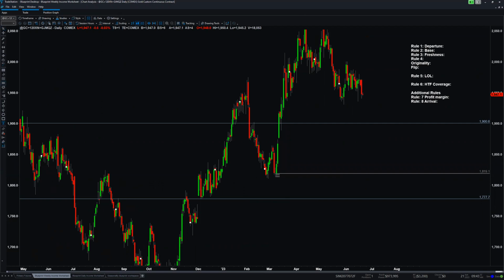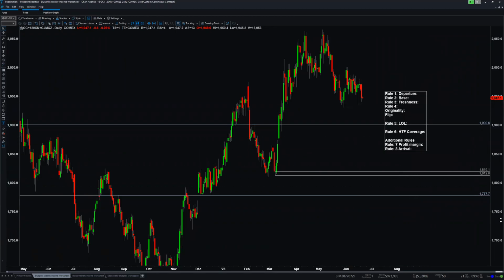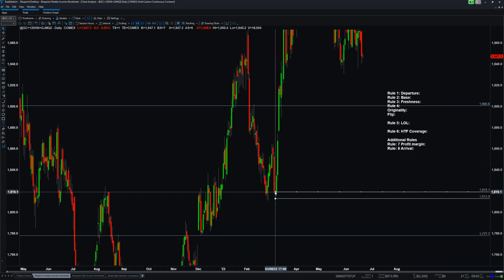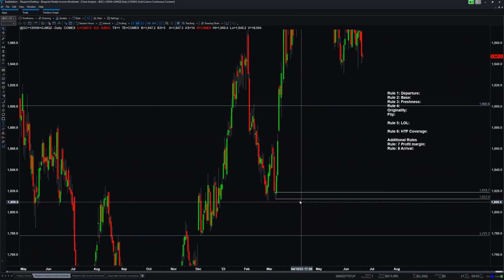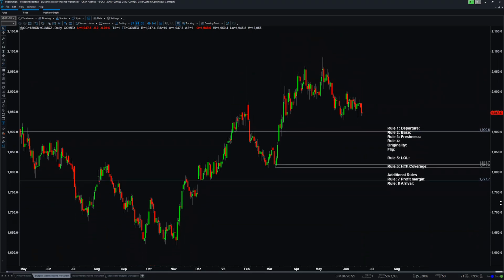Now, a drop-base-rally based on the preferred version, as I would put my proximal on the highest body of the basing candles and my distal right there, what's going to happen is I have a level that's only $6 wide. So I think we can see that this is going to be extremely narrow, right?